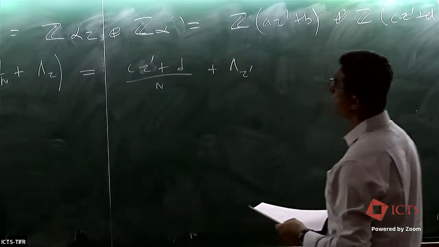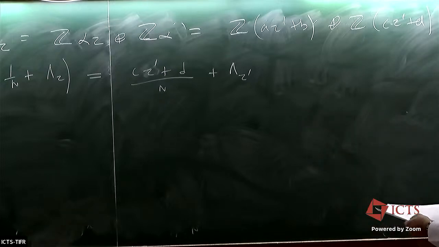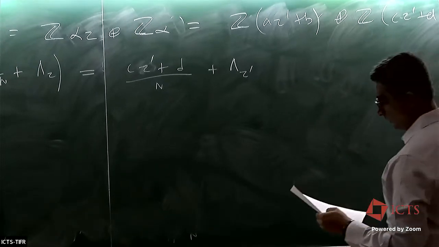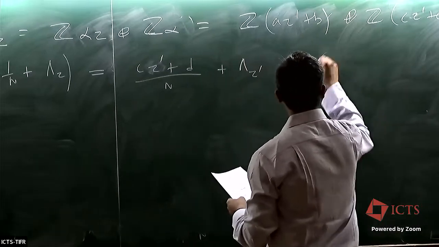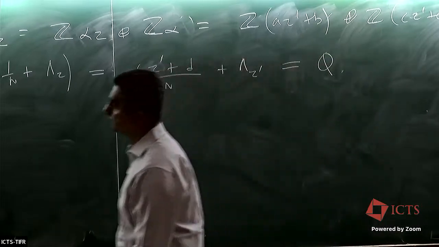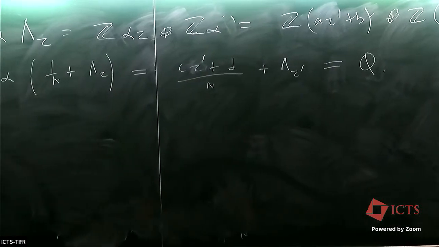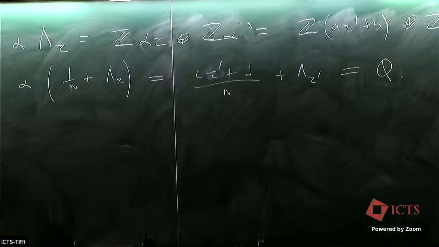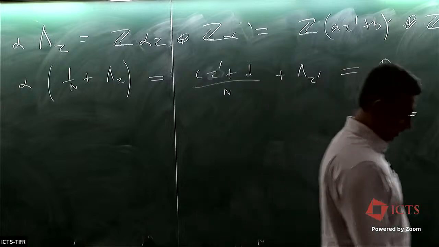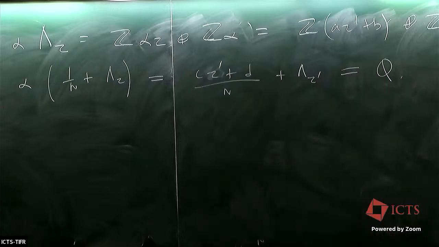Because alpha takes lambda tau to lambda tau prime, I write plus lambda tau prime there. And this was exactly the point Q, which we started with. So this messy point Q now became much simpler. If you multiply by alpha inverse, then that point Q is nothing but the point 1 over n plus lambda tau.